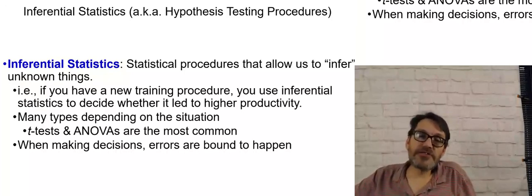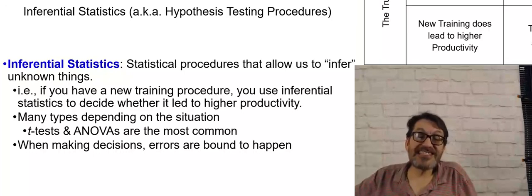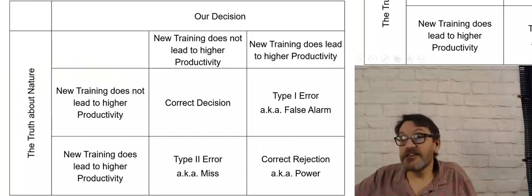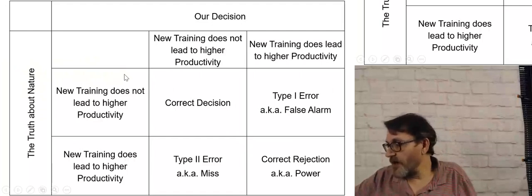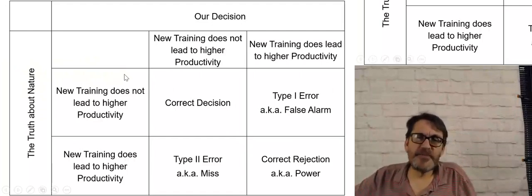But it turns out that inferential statistics allow us to make errors. Let's say, for example, you have a new training program, and you want to know, is this new training program effective? Number one, over here on the left side of this diagram, either the training program is not effective or it is effective. That's just the truth of it. And we have to make a decision. We can decide that the new training program is no good or that it is good.